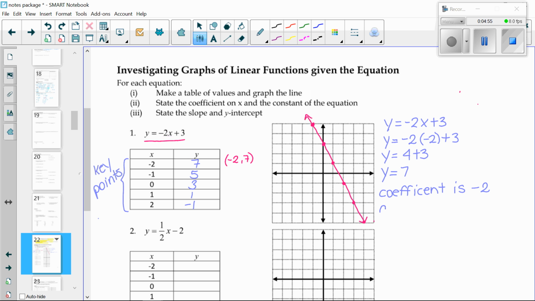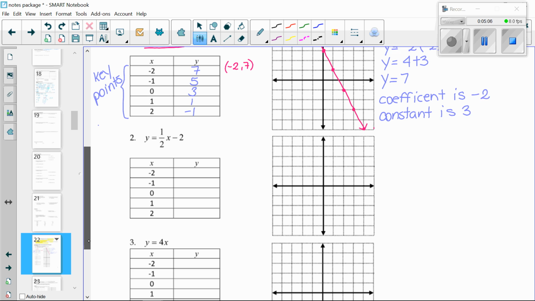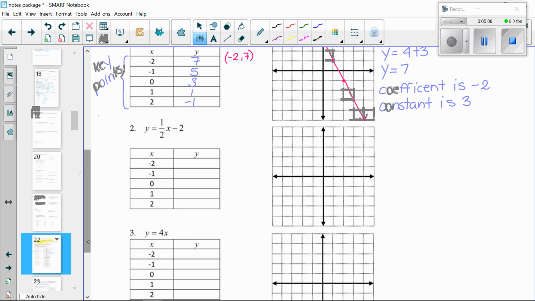The constant is 3. Okay, so now let's do the same thing for the next one. So you can pause the video and complete the table of values.